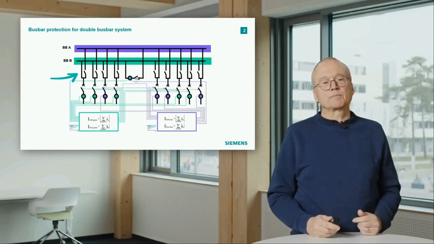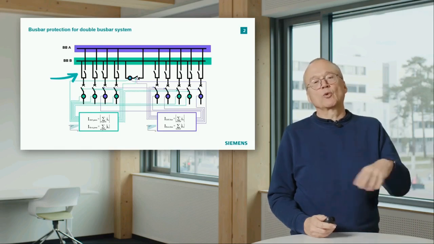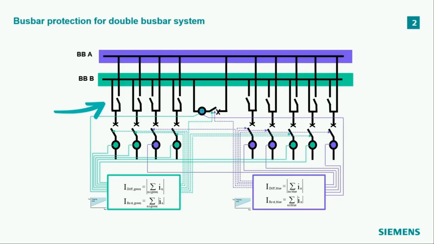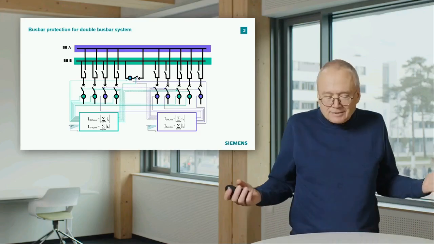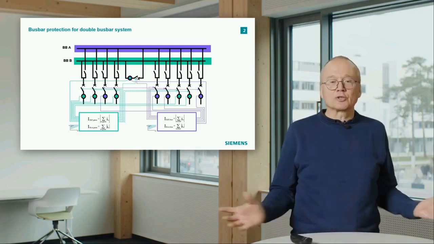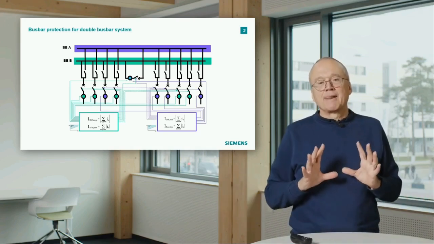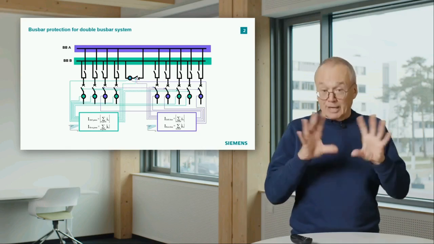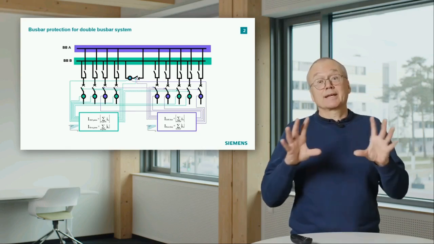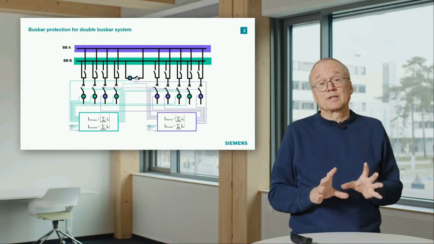This current measured in this feeder would have to go into the calculation for the green busbar, and the other one on this side would go into the calculation for the purple busbar. So it's not really rocket science, but such a busbar can be even more complicated, can even have more feeders.